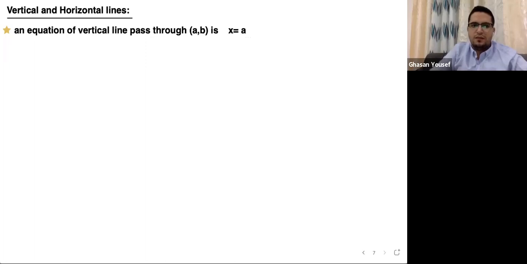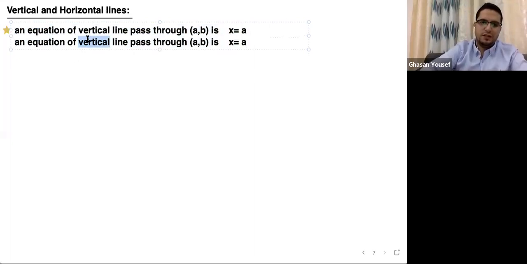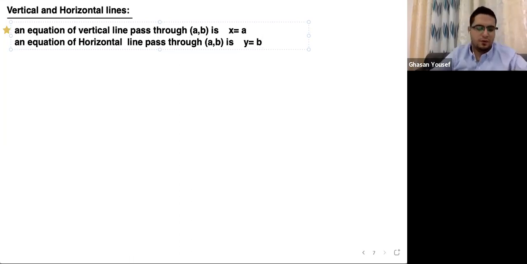And the same thing for the horizontal line. An equation of a horizontal line passing through this point (A, B) is y equal B. Always.